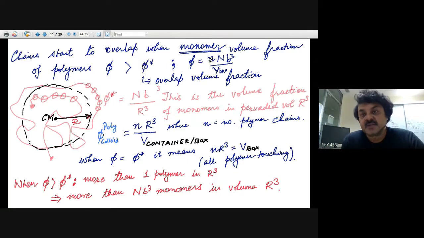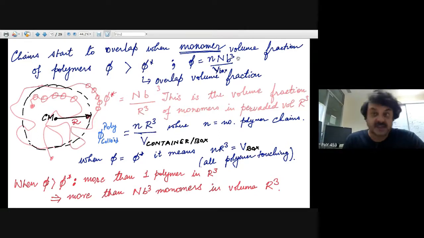This is the monomer volume fraction, where b cubed is the excluded volume in a thermal solvent. When phi is greater than the overlap volume fraction, monomers of different chains start interacting.